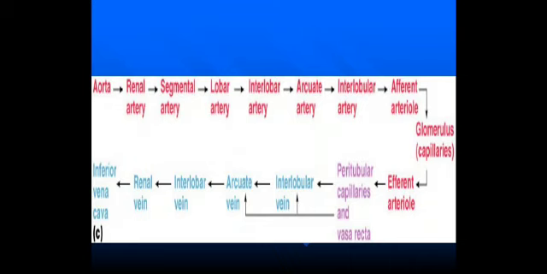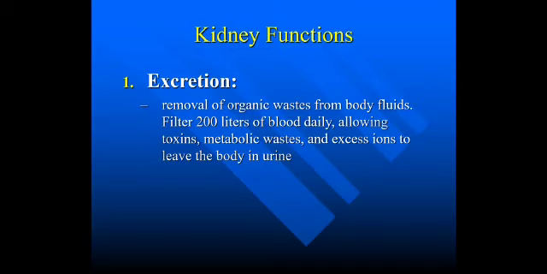The glomerulus is a tuft of capillaries. Around 15 to 20 capillaries form the glomerulus, which finally drains into the efferent arteriole and the peritubular capillary, then the interlobular, the arcuate, the interlobar. Finally, we have the renal vein draining into the inferior vena cava.